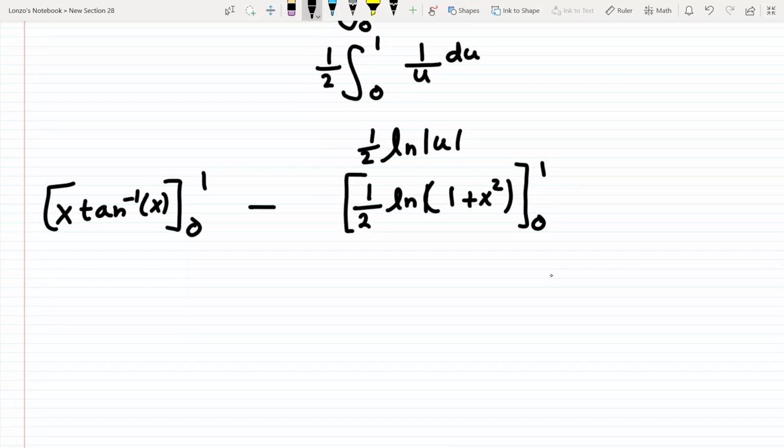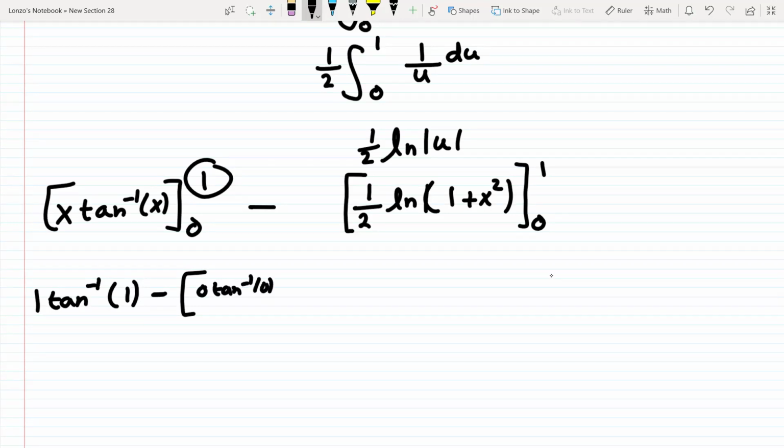Let's do the left part first: the upper minus the lower boundary. Let's do 1 first. It would be 1 times tan inverse of 1, since our upper boundary is 1, minus the lower boundary, which is 0 times tan inverse of 0. I don't have to worry about this because 0 times anything is 0. So this is 1 times tan inverse of 1, which is tan inverse of 1.